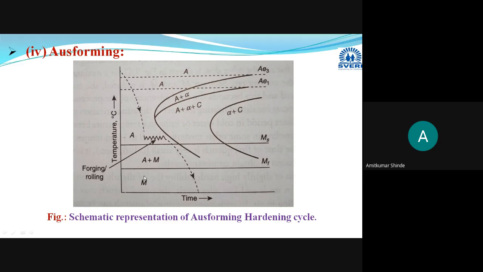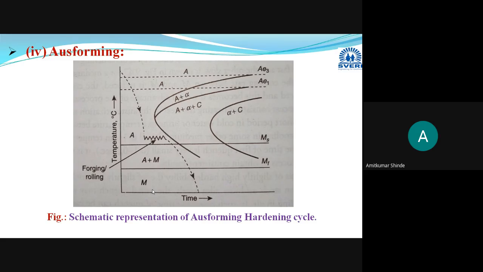As in between this we have performed the forging or rolling, plastic deformation of the austenite has occurred there. Due to that, whichever martensite is formed here will automatically provide you better tensile strength. And along with that, due to the deformed austenite, it will provide you a little bit of ductility also.